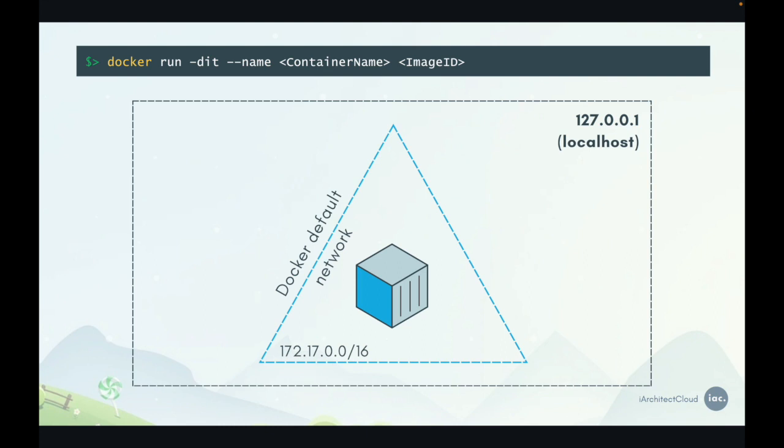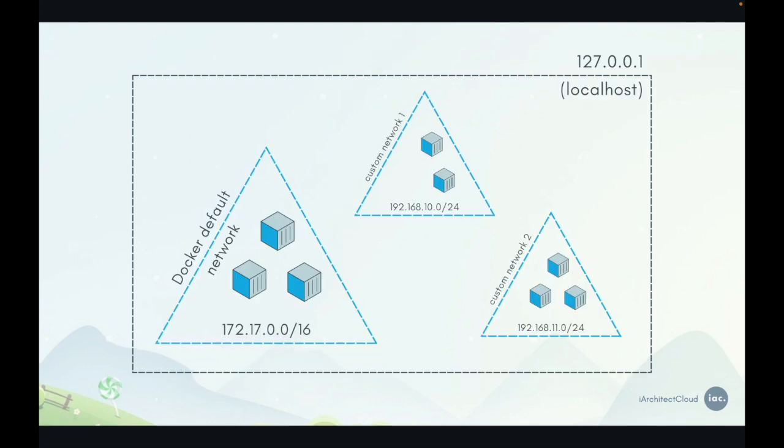What if you need a different subnet or a different IP address for your container? Can we do that? Of course we can. You can have many custom networks within the same host. As you can see in the picture here, the Docker default network is there. You can create another custom network which has the subnet 192.168.10.0 with 24 as the subnet mask.